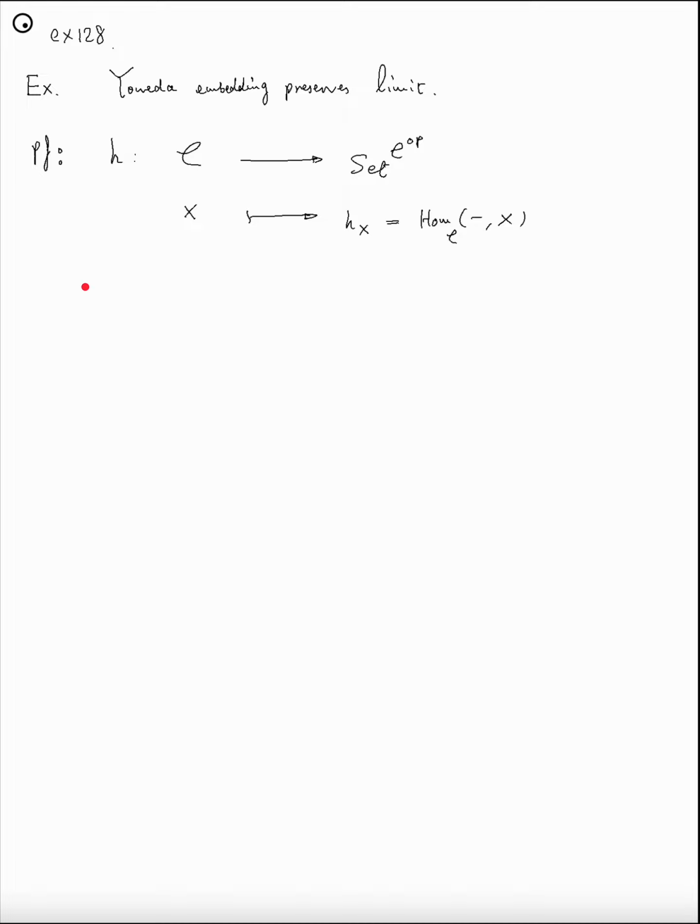Now suppose we have a limit in C, which means we have a diagram.